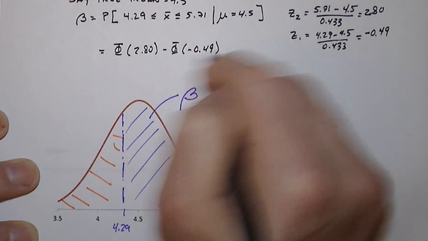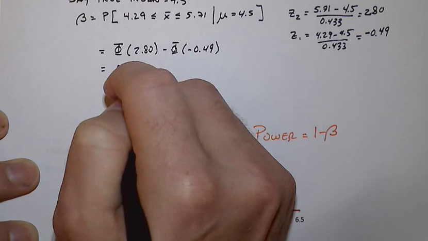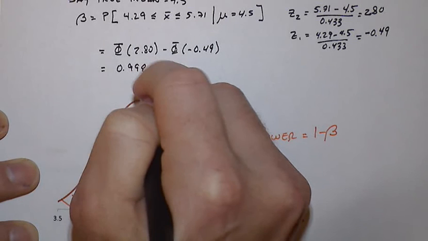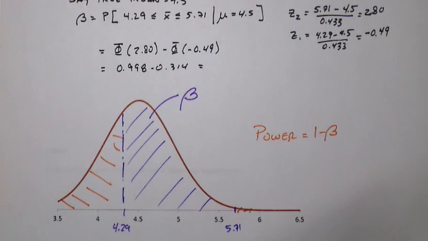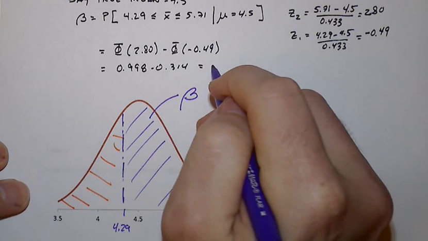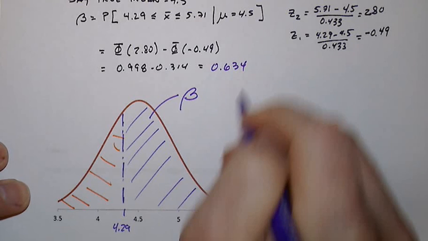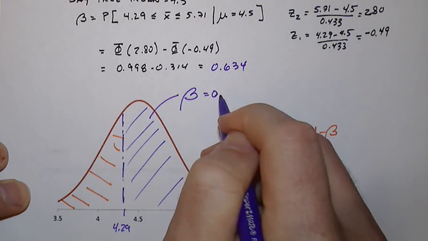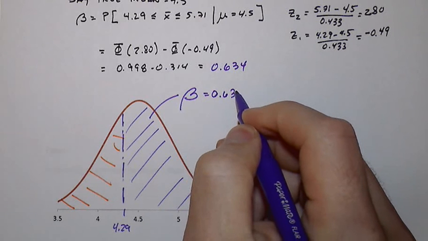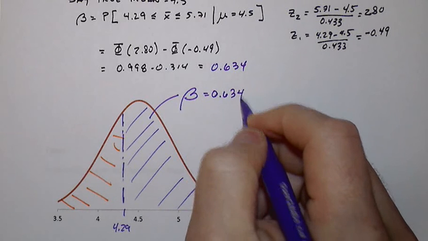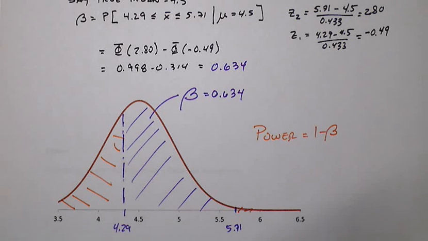And so that will be about 0.998 minus 0.314, and we get then beta equaling 0.634. So a 63.4% chance for the case that mu is equal to 4.5.